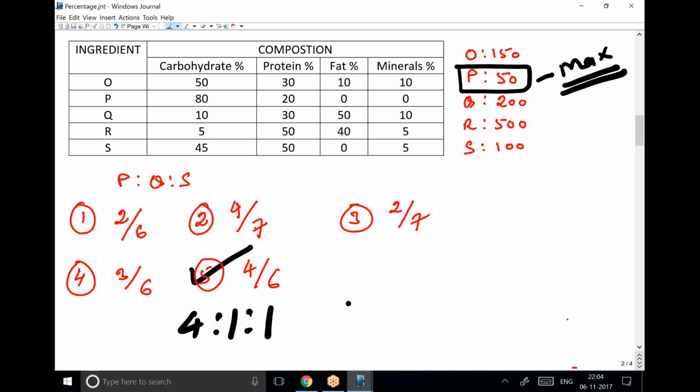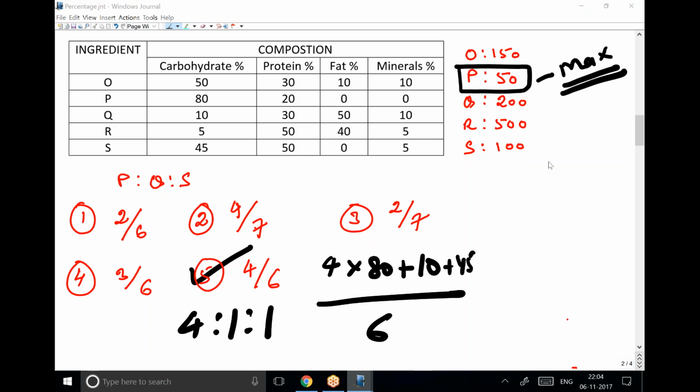So 4 units of P I have taken, plus 1 unit of Q, and 1 unit of S, and this divided by 6. So it anyway comes out to be more than 60%, right? It is anyway more than 60%.